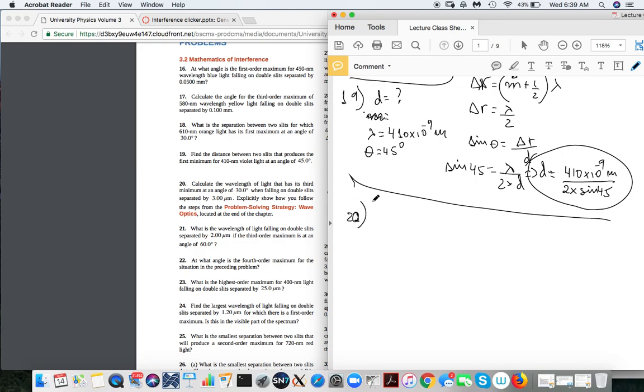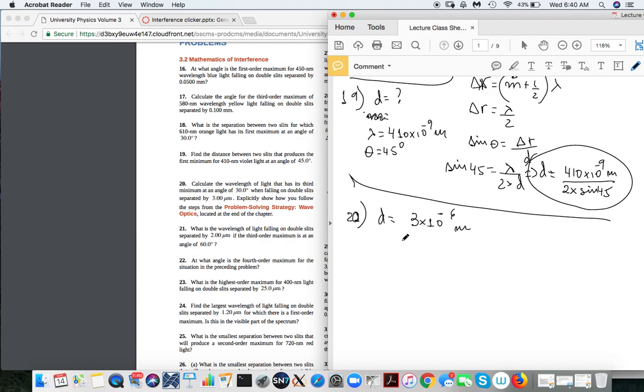Calculate the wavelength of light that has its third minimum at an angle of 30 degrees when falling on double slits separated by 3 times 10 to the minus 6 meters.